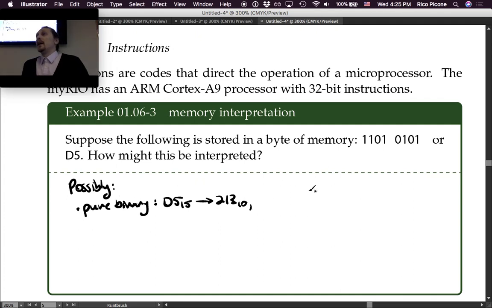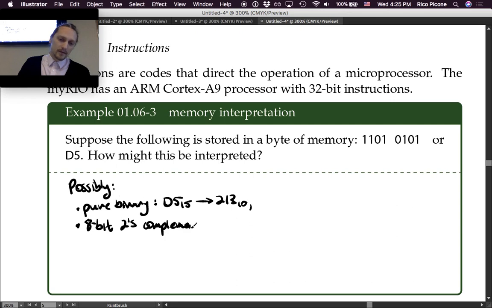That may be what you meant when you wrote that byte. You also could have meant maybe it was supposed to be an 8-bit 2's complement signed binary.